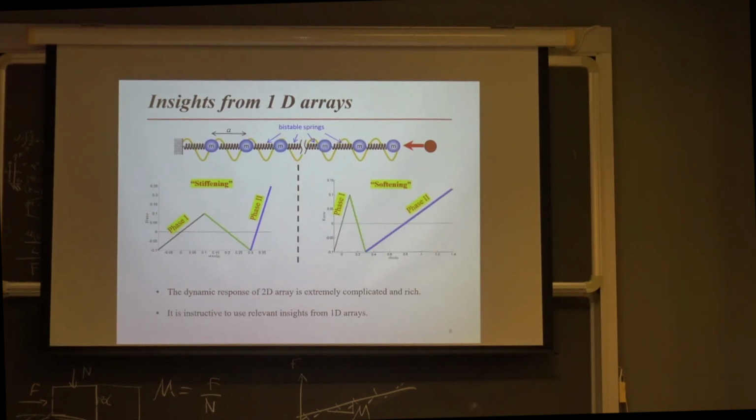The first is the stiffening element, in which the stiffness of phase 2 is stiffer than phase 1. The other phenomenon that we will show next comes from the softening element, in which the stiffness of phase 2 is softer than phase 1. So we have 2 different elements that give us 2 different phenomena.